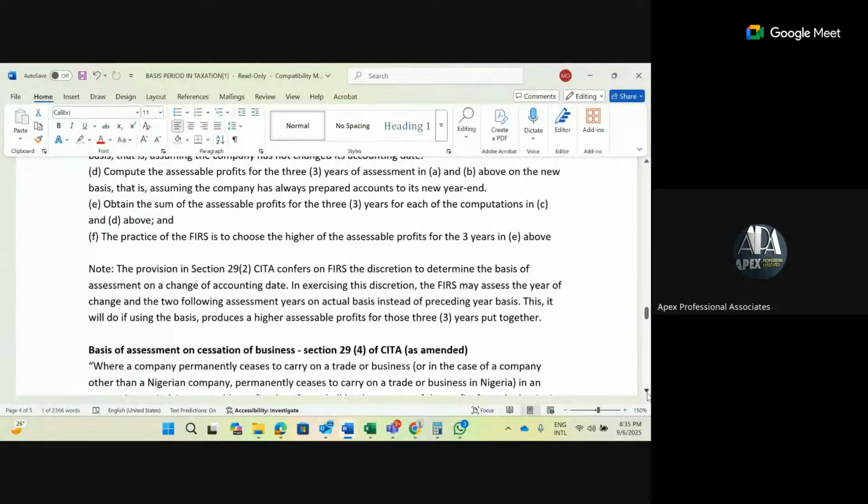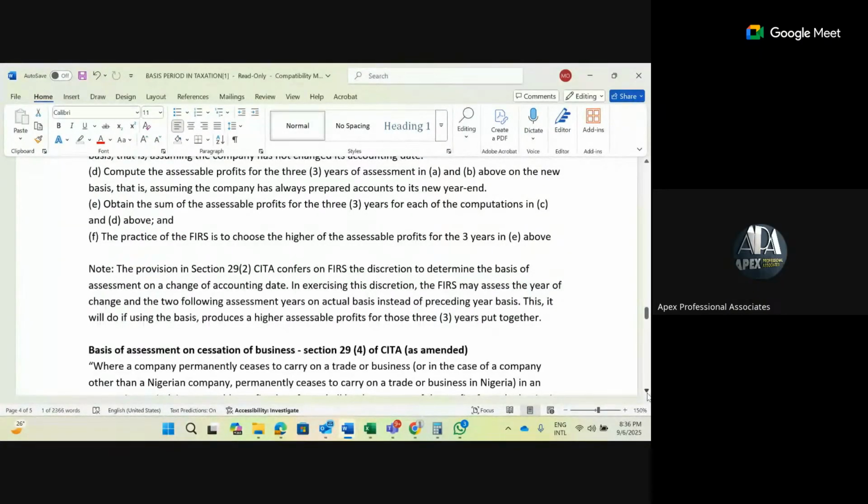Yes, the note now says that FRS have the discretionary power to now compute rule A and B making use of actual year basis. So now if they compute rule A and B making use of actual year basis and the accumulated assessable profit of the 3 years is now higher than what you computed when you did rule A to F, then FRS have the right and power to select the one that is on actual year basis.